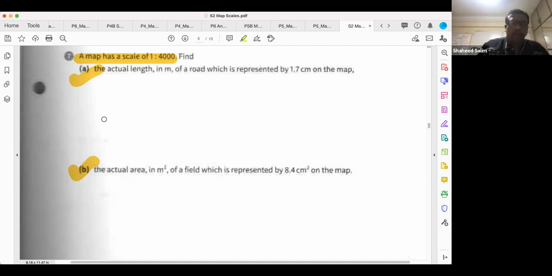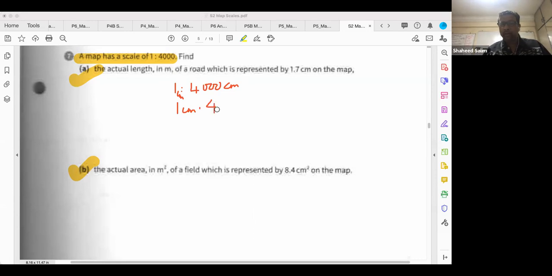Very straightforward. Come on. I think you're thinking too long. Okay, here we go. Very simple. Down here, 1 cm represents 4,000 cm. You want to put the cm, no problem. Because now you're going to change to meters, right? Ask yourself, 1 cm represents how many meters? Change it to meters then. Divide by 100, you get 40 meters.